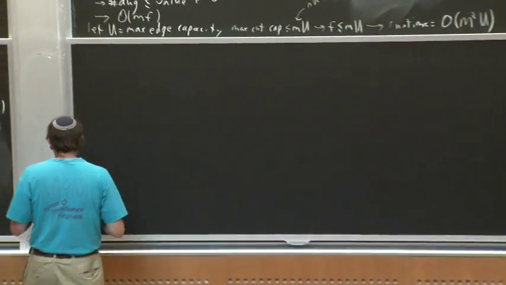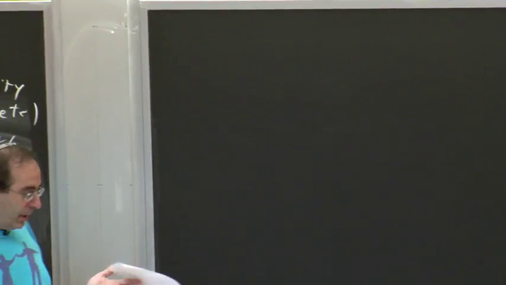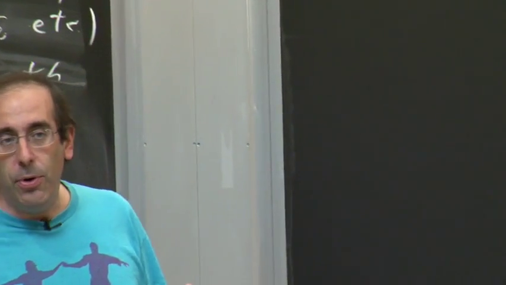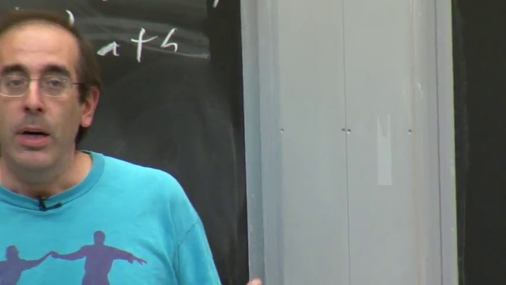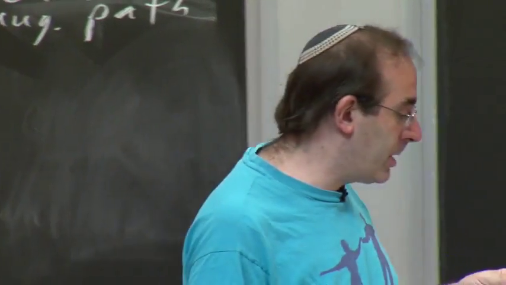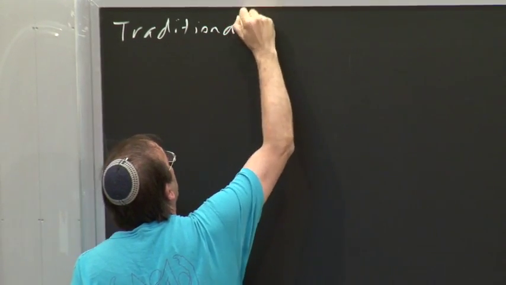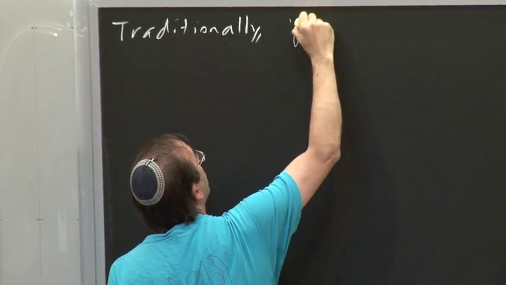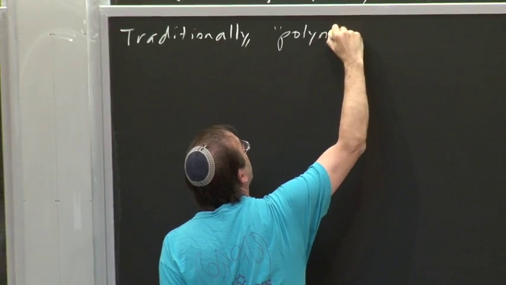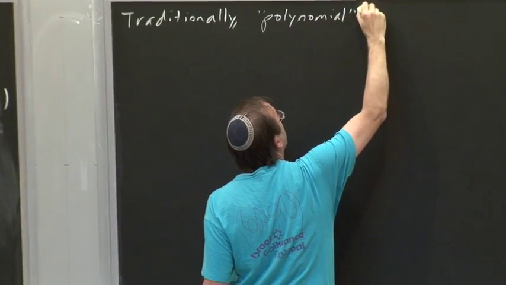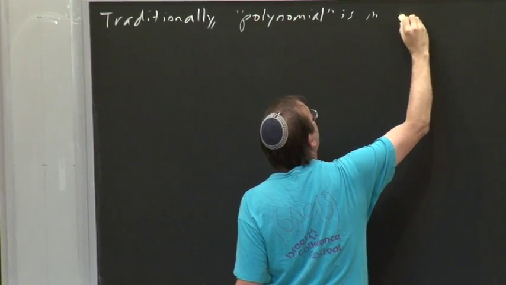Well, we now have this problem because, as we said before, you use a logarithmic number of bits to represent a number. So even really big numbers can be represented using a relatively small number of bits. Now, traditionally, when we talk about polynomial algorithms, it is in the size of the input.